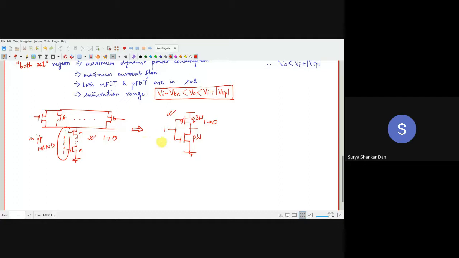That means this equivalent inverter represents the worst case scenario. This is very, very important.